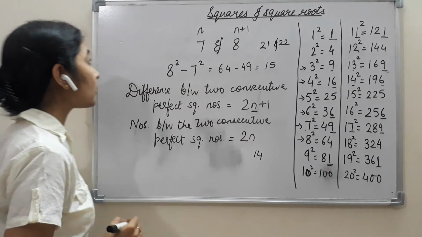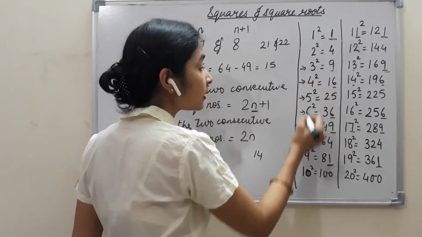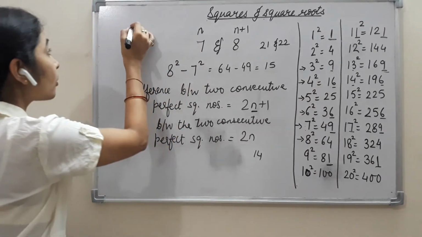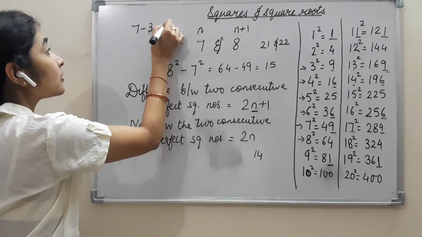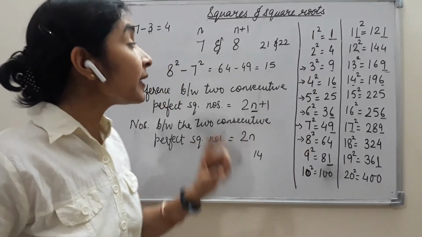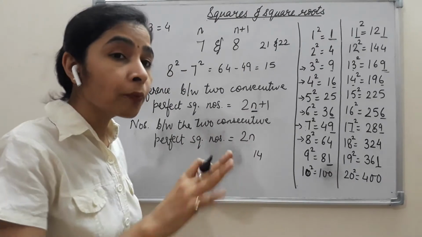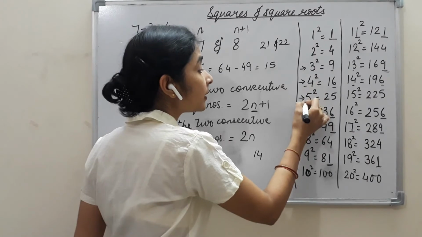The concept goes like this: if I ask you what is the difference between 7 and 3, then what will you do? 7 minus 3, that is equal to 4. So the difference between 7 and 3 is 4. But if I ask how many numbers are lying between 7 and 3, then you will tell me 4, 5 and 6.